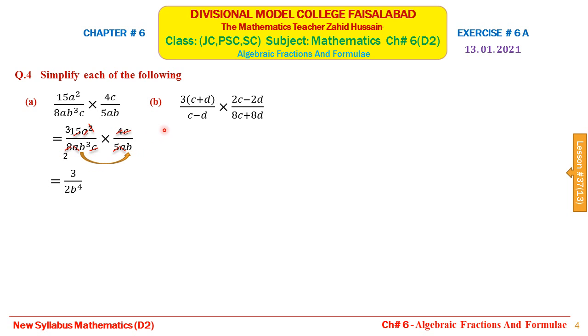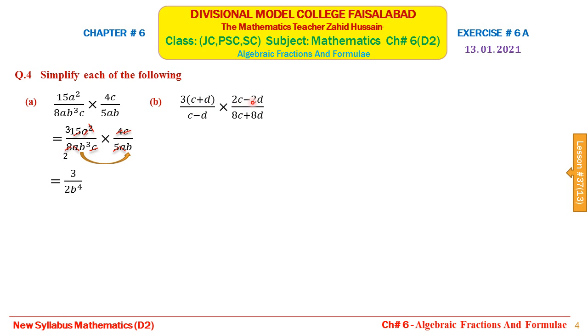This is part B of question number 4. 3c plus d over c minus d multiplied by 2c minus 2d over 8c plus 8d. We are asked to multiply these two fractions. Before multiplying, we will have to factorize the numerator and denominator of the fractions. The numerator and denominator of the first fraction are already factorized.